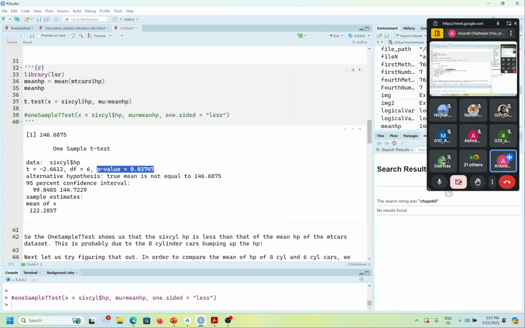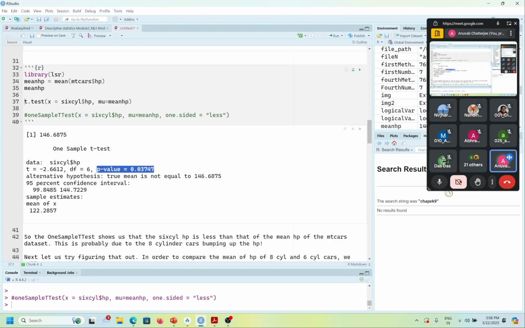So the six cylinder mean is different from the global mean, which is very nice. But the question is now, is the mean greater or lesser than the mtcars global mean? So is the mean of six cylinder HP greater or lesser than the mean of the mtcars dataset HP?